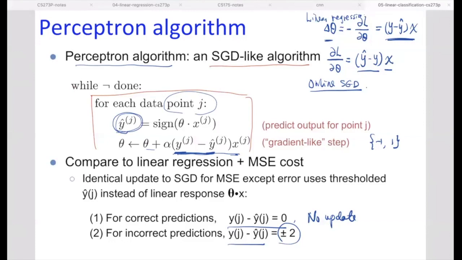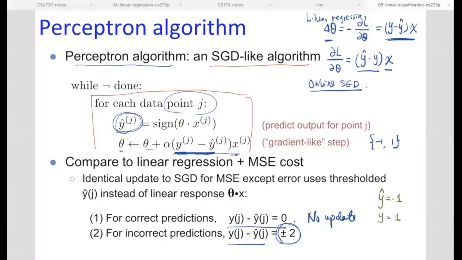And then the residual can be positive or negative, can be +2 or -2, and I will update the parameter theta differently. So now let's look at one special case. Suppose my prediction is -1, but the actual observation is 1.